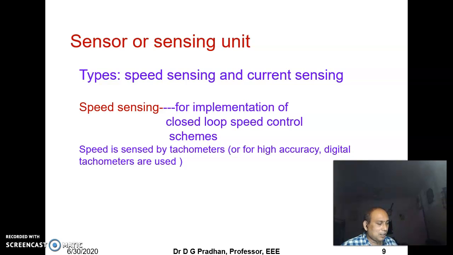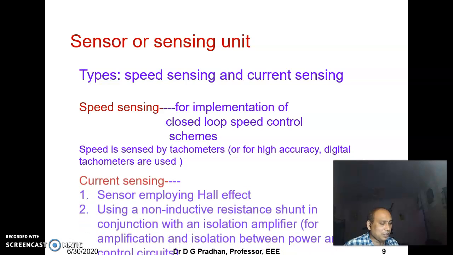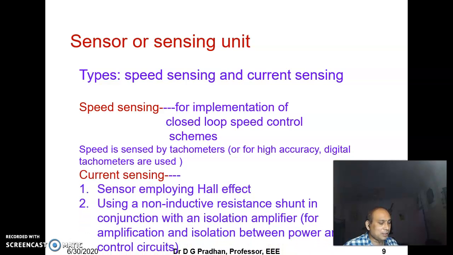The two commonly used methods for sensing currents are current sensors employing the Hall effect, and using a non-inductive resistance shunt in conjunction with an isolation amplifier, which is an arrangement for amplification and isolation between the power and control units.